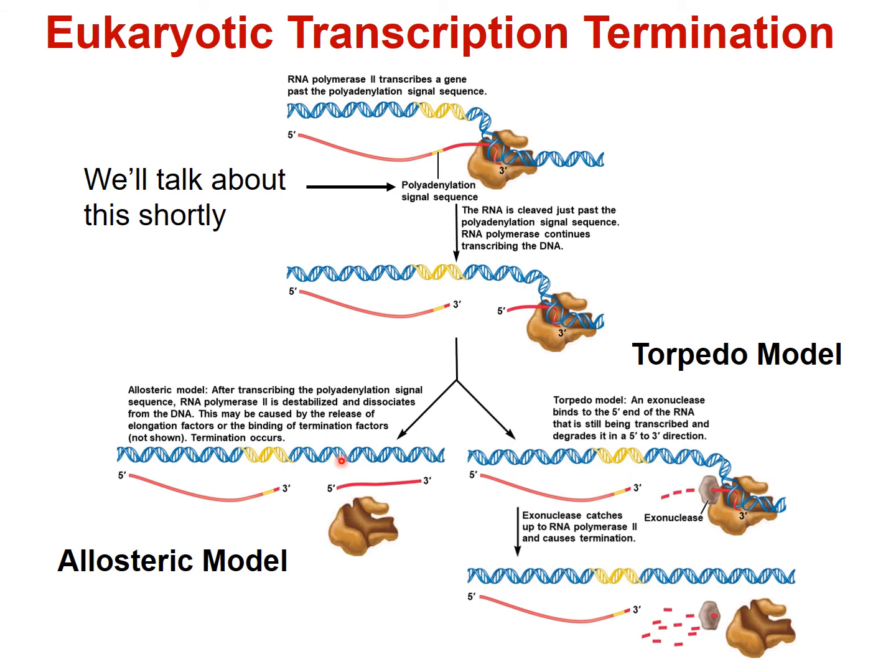There's another model, the torpedo model. The idea here is that after the messenger RNA portion is released, there's a bit of transcription that continues. This can be a substrate for an exonuclease. We talked about exonucleases and endonucleases, enzymes that can break bonds in DNA or RNA, so in nucleic acid. This would be a 5' exonuclease.